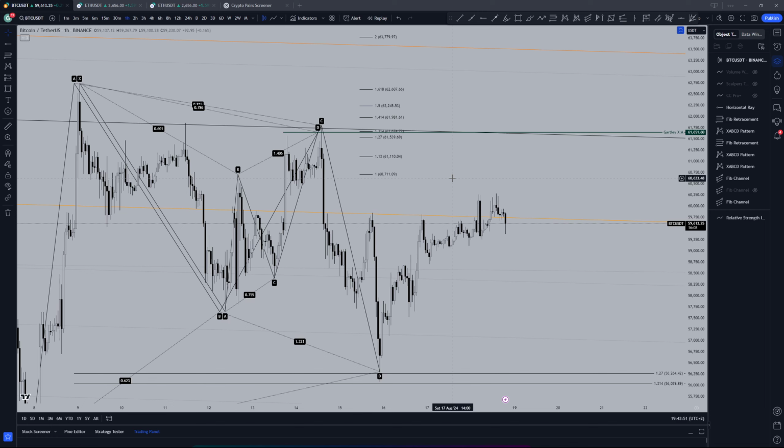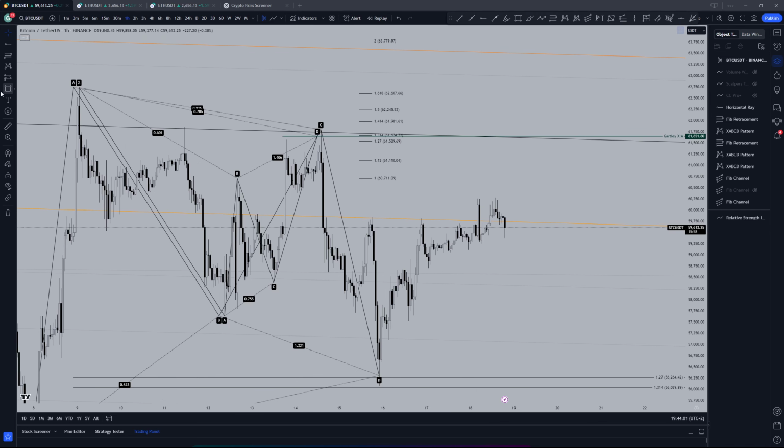You can see, okay, I do have valid ratios for a bat here, for like a 0.382 bat, for example, but all of these individual fibs are really spread out. So I draw the fibs manually to make sure that the fibs are actually tight in the same PRZ. Because if they are really spread out, then yeah, you might have a valid harmonic, but because they are so spread out, price is likely to still go through it.